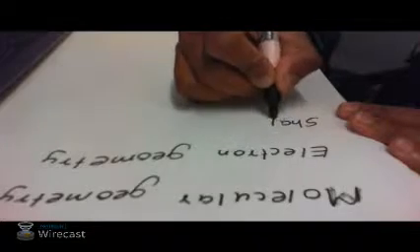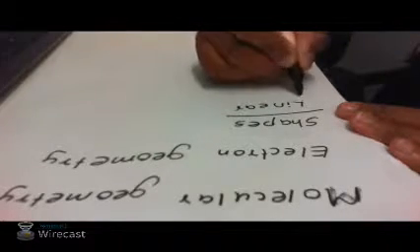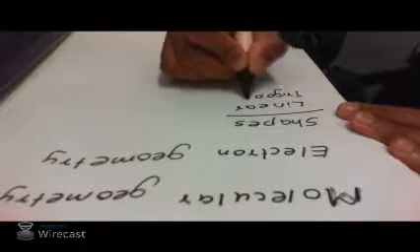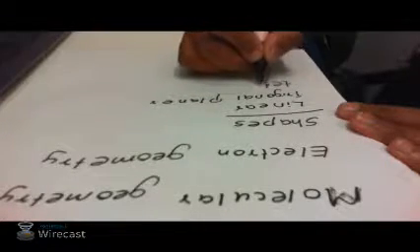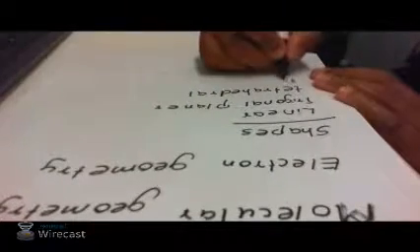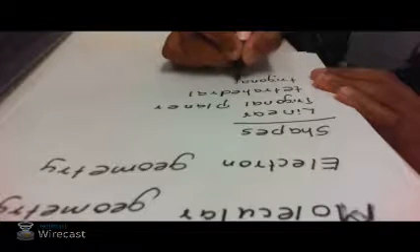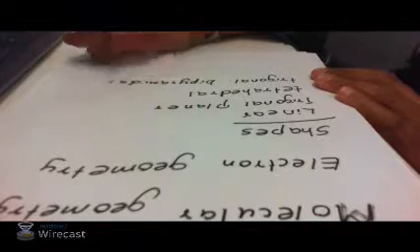So thinking about the molecular shapes, there are five main shapes: linear, trigonal planar, tetrahedral, trigonal bipyramidal, octahedral.